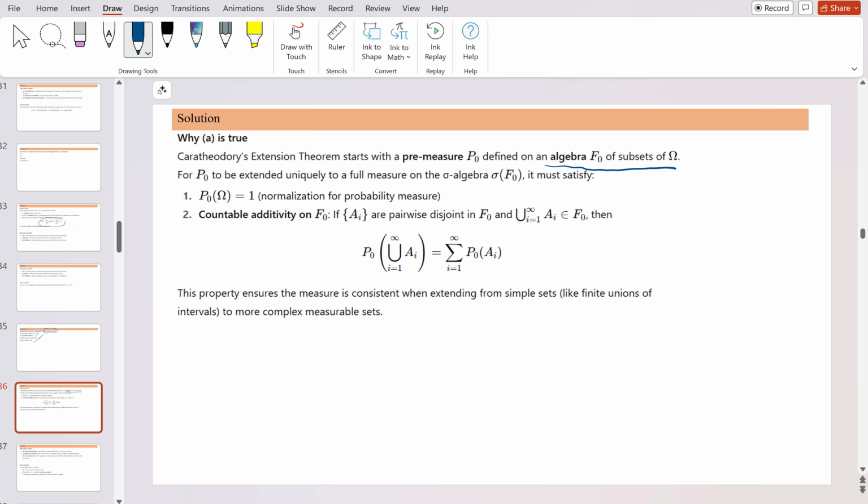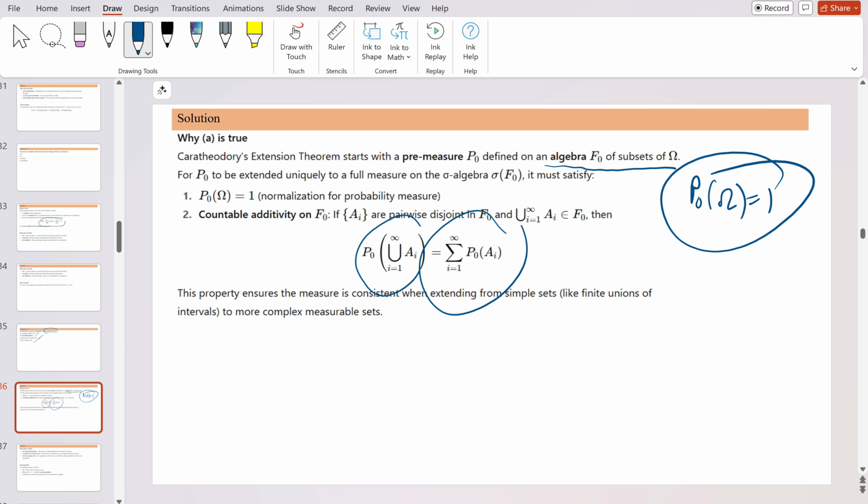that is sigma of F naught, it must satisfy P naught of Omega equal to 1, which is the normalization of the probability measure, and countable additivity on F naught. If the Ai are pairwise disjoint in F naught, then the union of all the subsets belonging to F naught has probability equal to the summation of the probabilities of A1, A2, A3 and so on.